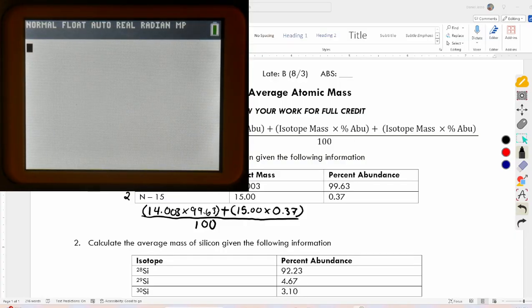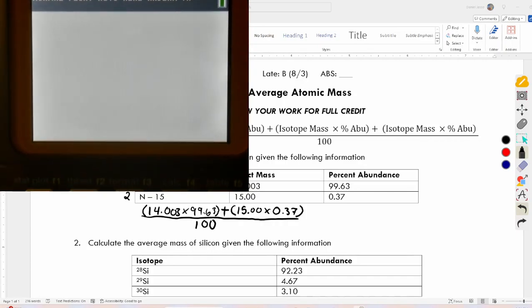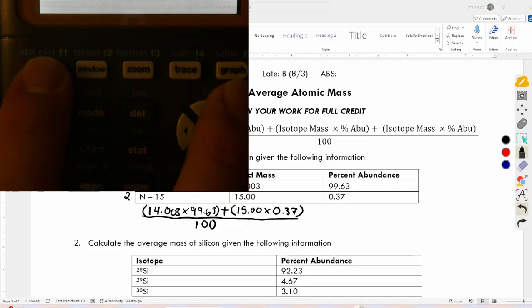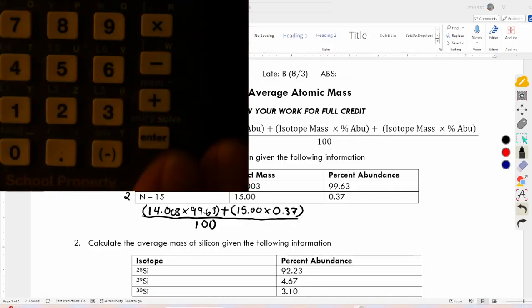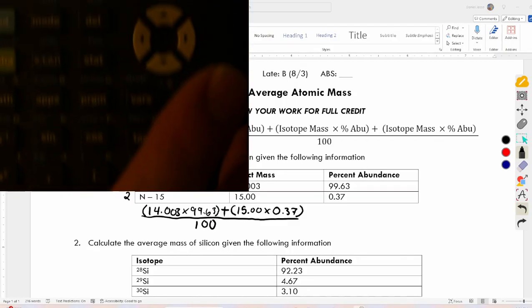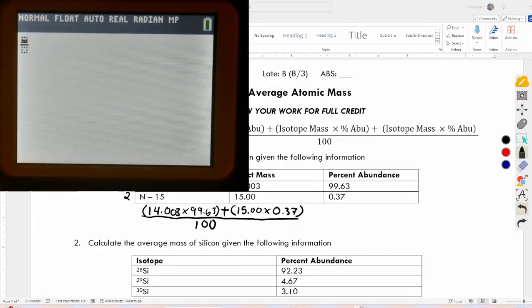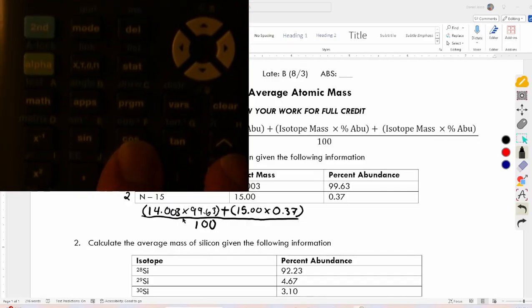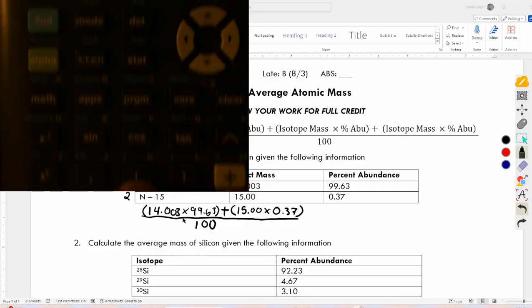Cool. Don't forget what we said was we need a fraction. So we're going to do alpha y equals enter. Alpha y equals enter will give us a fraction. And all we need to do is type in exactly what we have right here. So I'm going to do the parentheses as well. So open parentheses, which is right there.